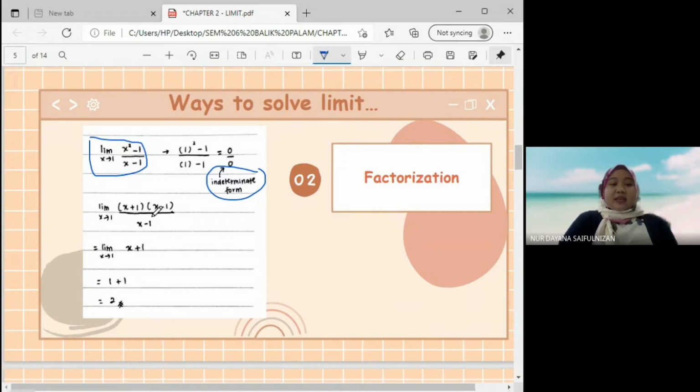As we can see here, x minus 1 and x minus 1, we can eliminate it. So we will get limit of x plus 1, x approaching 1. And what do we have to do? We have to substitute 1 into the function. So the value of x is 1. 1 plus 1 is equal to 2.